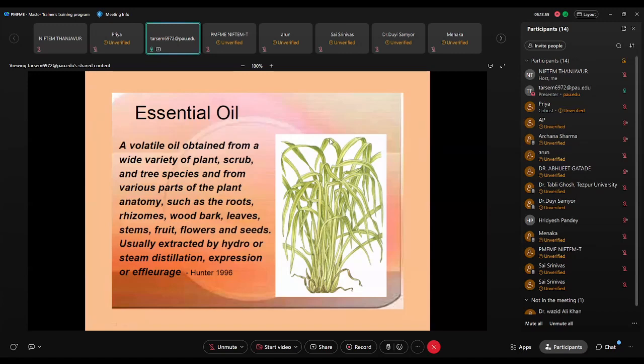Then flowers like rose or some other flowers give essential or volatile oil. Seeds, like cloves or spice plants, cloves, cardamom, etc., all contain essential oil or volatile oil.